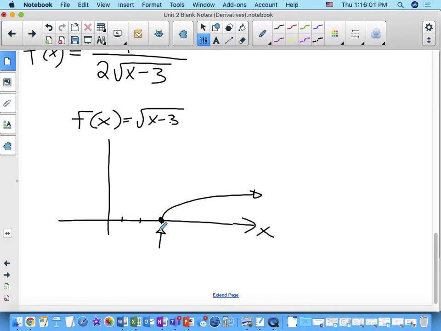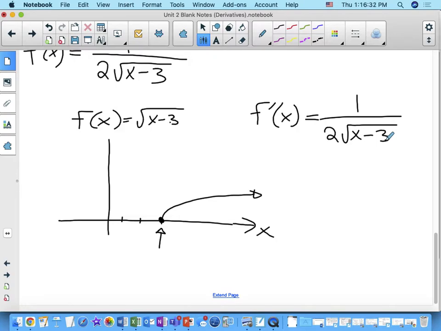Now, if you look at the derivative function, if you tried to put a 3 in there, 1 over 2 square root of 3 minus 3, you're going to get 1 over 0. And you're going to get an undefined value. And so the derivative itself is undefined when x equals 3.